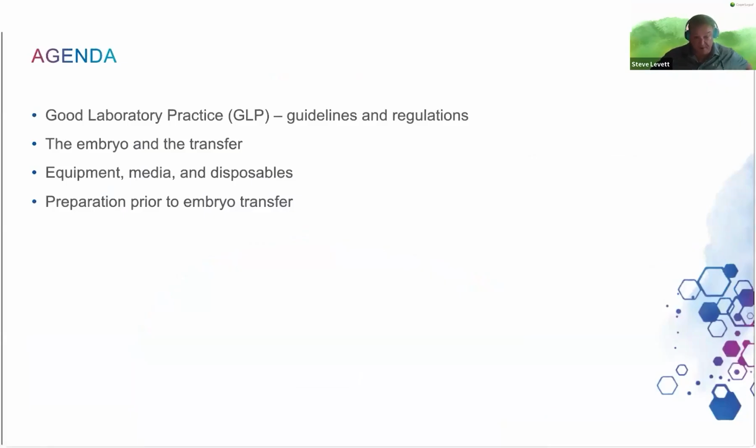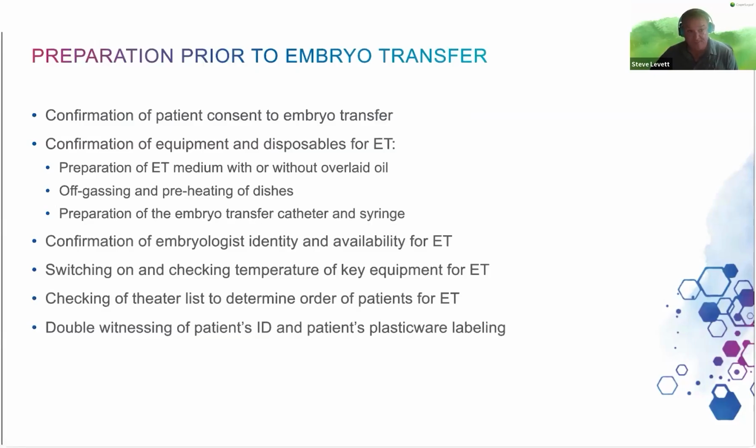Now, preparation prior to embryo transfer. So once we've got our culture media sorted, we've got a good culture system creating optimal embryos, we've got our setup for embryo transfer with the medium organized in how we're going to do it. How do we prepare? So again, pretty straightforward, and following those guidelines, we need to prepare the media, we need to off-gas any dishes, etc. Prepare the catheter and syringe, and you can read the rest here.